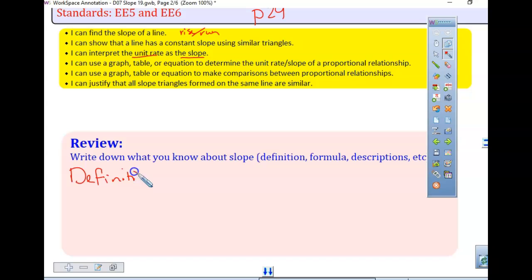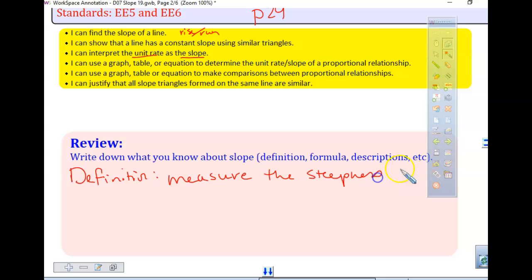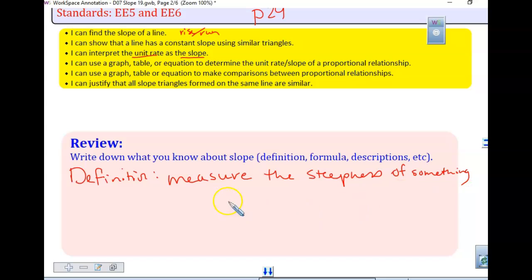The definition is that we are looking at a measure of steepness. So anytime we're talking about slope, it's the measure of steepness of something. Usually in our case, it's going to be a line, but it could be steps. It could be the slant of a hill.